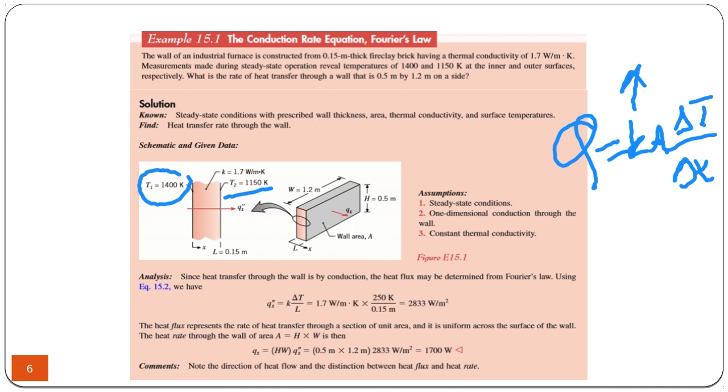Maybe you have some heat loss from the ceiling and floor. And at the end, you can have an idea how much heat loss you're having from your house. So by using this conduction equation, by the way, it's actually called Fourier's equation.